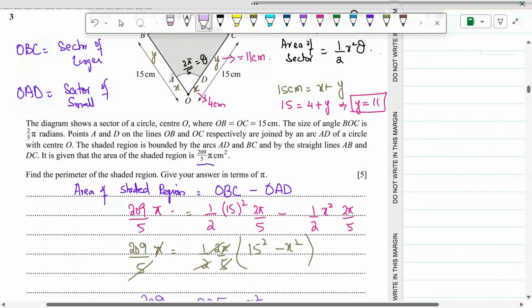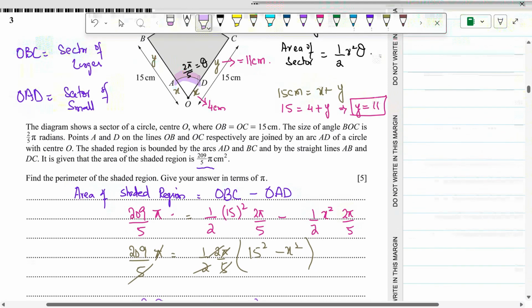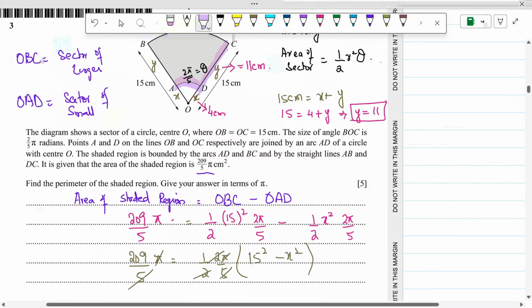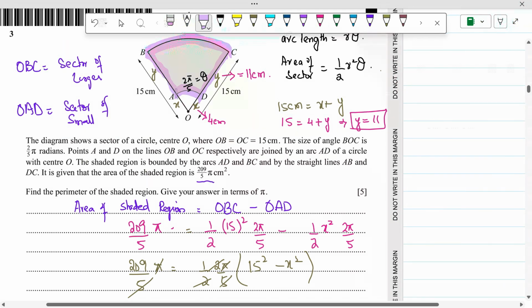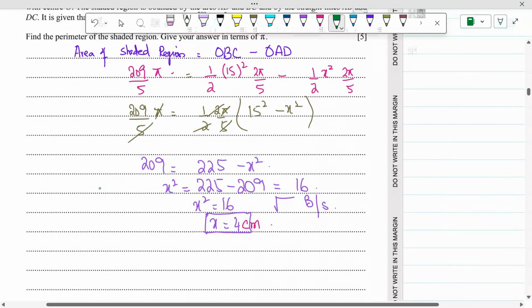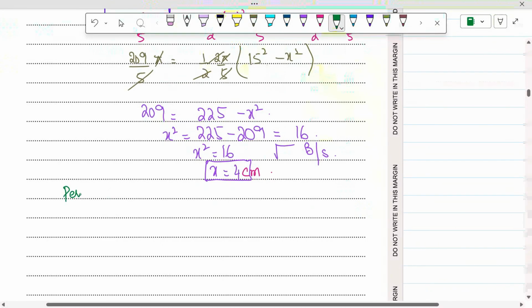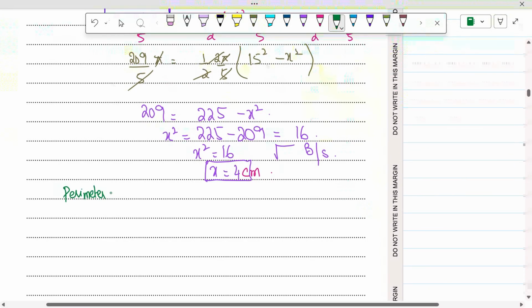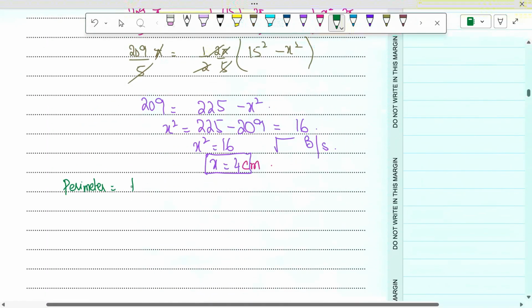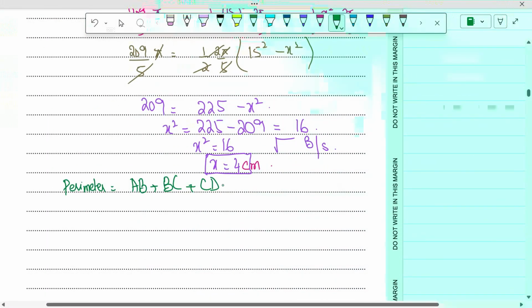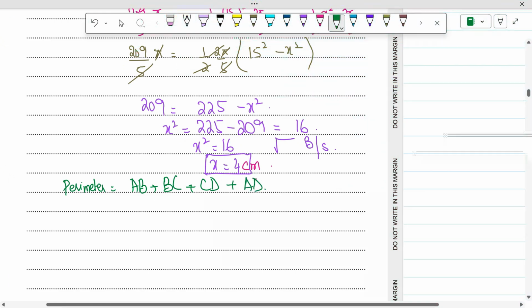So the perimeter is the sum of AD, then DC, then CB, then AB. So we can see that the perimeter is AB, BC, CD, AD.